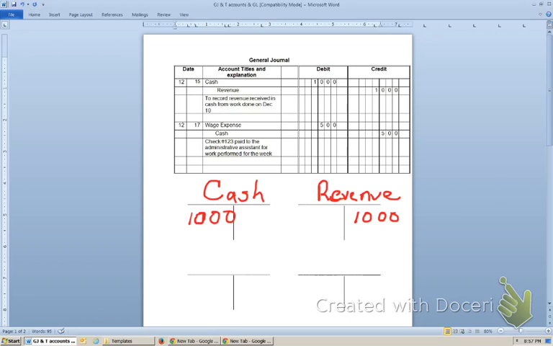There's another transaction. Note that there's a line skipped here. Here's another transaction. This one occurred on, as you see here, December the 17th. And this transaction is for wage expense, paid in cash, and it was check number 123. Of course, all this information will be given to you.